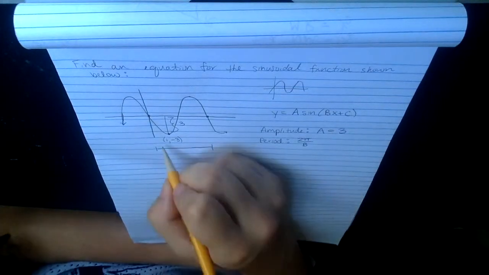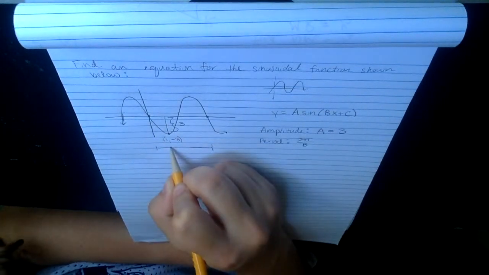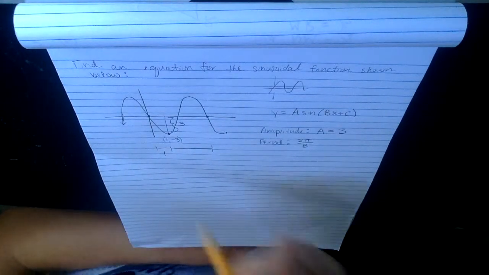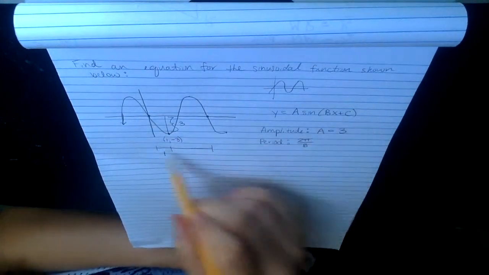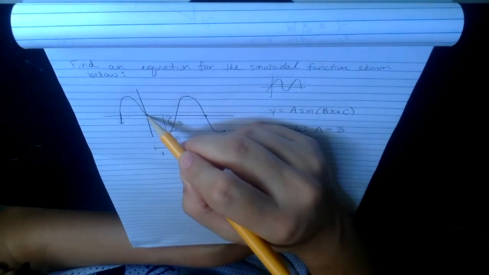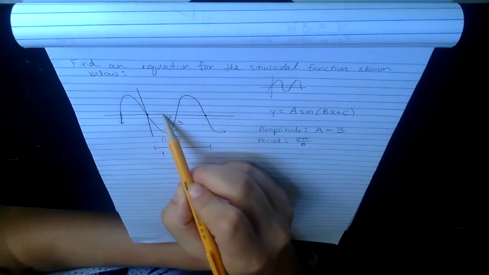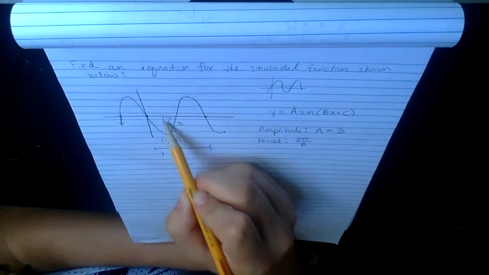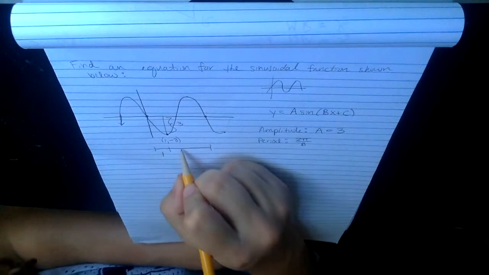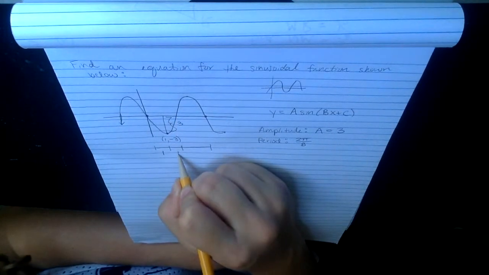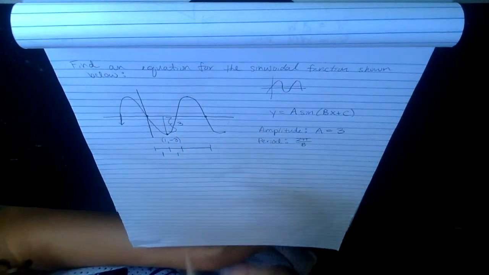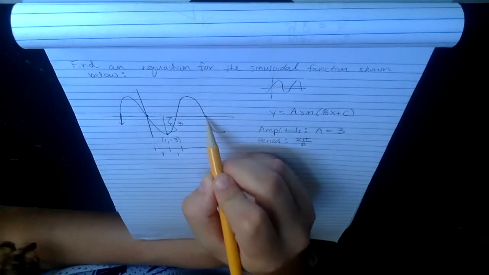Now, one thing to notice here is that this distance from here to here is 1. Now, the sine function is going to be nice and symmetric. So if this distance from where I am at 0 to the peak is 1, then the distance from this peak right here to where we get back to 0 is also going to be 1. So in other words, this is also 1. Now this distance from 0 to 0 is the same distance as this from 0 to 0.